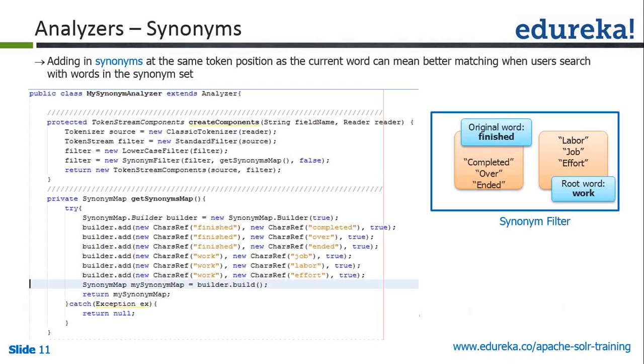Even though your documents may not contain all these index terms, if you expand by providing the synonym list, you can search with any of these words, so that your users are not blocked with only the term which the documents contain, or only the index you are looking for, right?